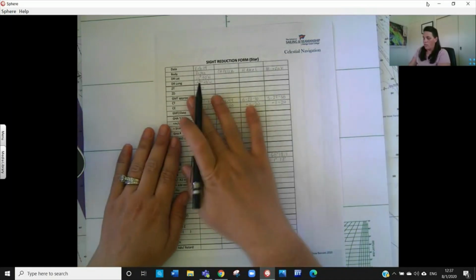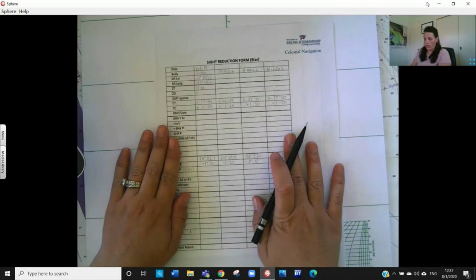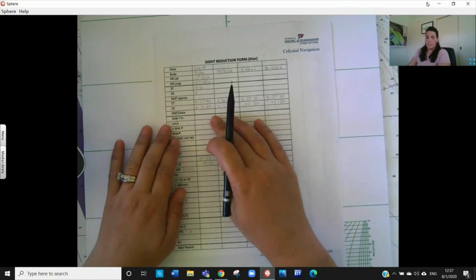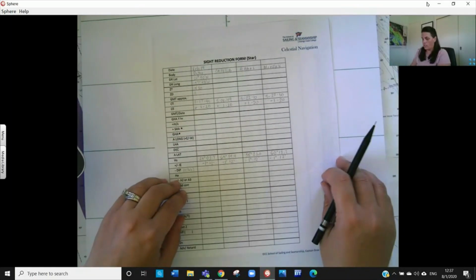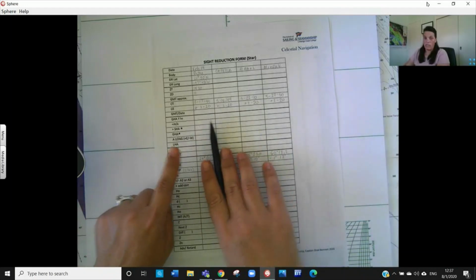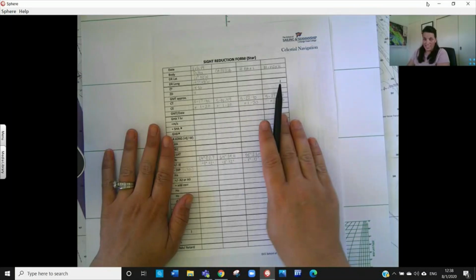I find it's a little bit of a time saver if you do it step by step. That way you're going to the almanac once and getting all 4 values, and then going to Pub 229 once and getting our full values instead of going back and forth. It does make it a little more confusing because you are managing 4 different numbers. So up to you if you want to do one at a time. I'm going to do all of them at the same time, but again, up to you.